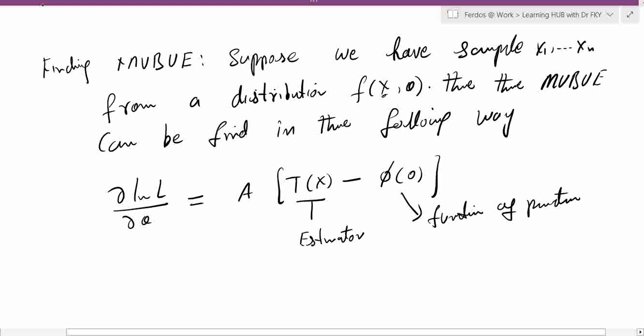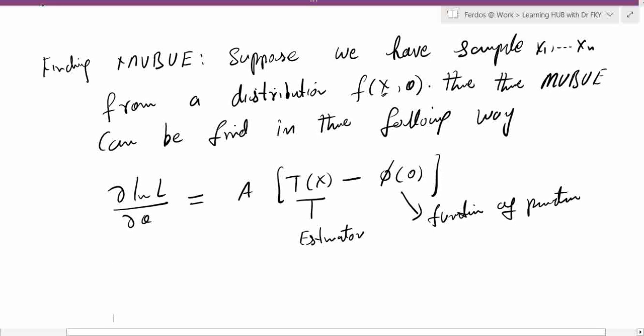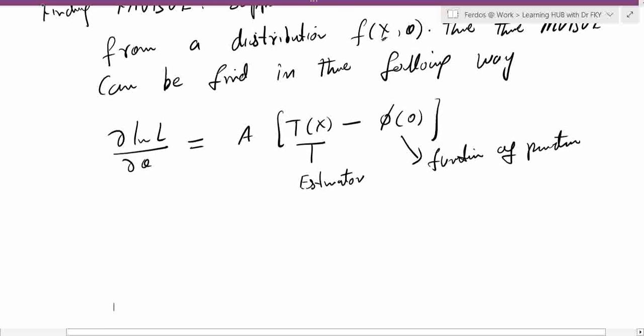If we are able to express the first derivative of the log likelihood in this way, then this is that unbiased estimator for this function of the parameter. This is not necessarily a function of the parameter; it may be theta only. So now let's have some example to explain this concept.